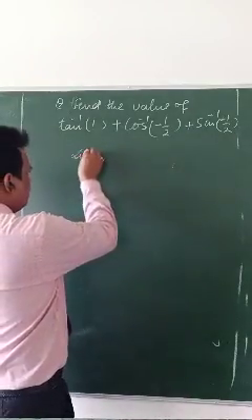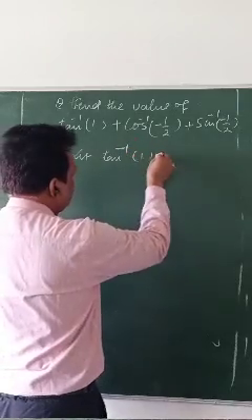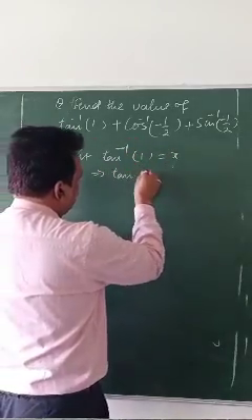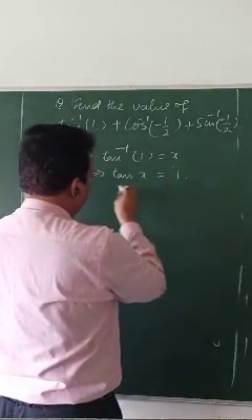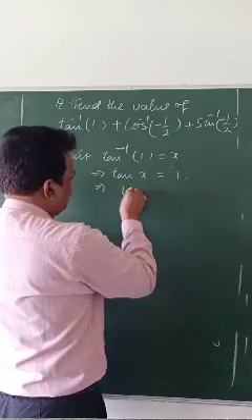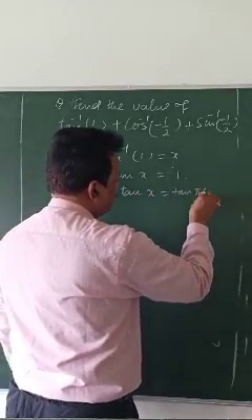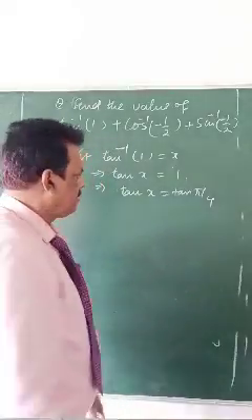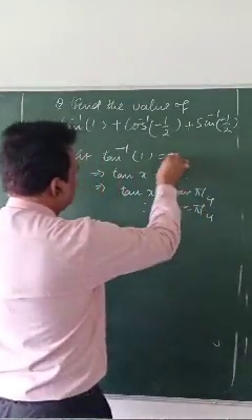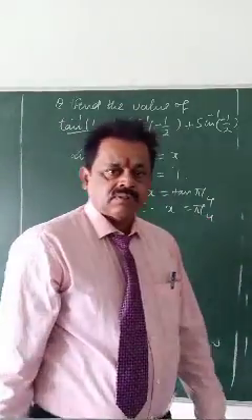Let tan inverse 1 equal x, implies tan x equals 1, implies tan x equals tan pi by 4. This is the method you solve. Therefore x is pi by 4. So this value became pi by 4.